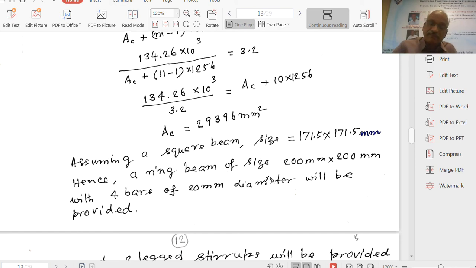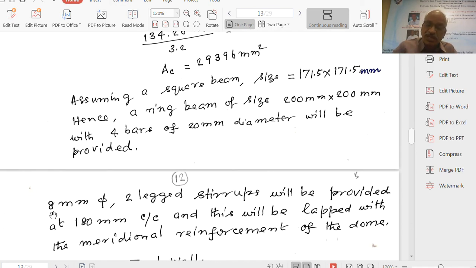Normally, here we just assume 8 mm diameter, 2-legged stirrups. For the ring beam, we have provided 4 bars of 20 mm diameter. We have to provide stirrups, so we provide nominal stirrups, 8 mm diameter, 2-legged, at 180 mm center to center.